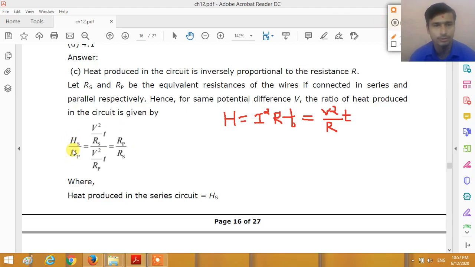So the ratio of heat energy produced in the series connection and in the parallel connection is equal to Rp by Rs. So now, dear students, we need to calculate the equivalent resistance when the two resistors are connected in series, and when they are connected in parallel.